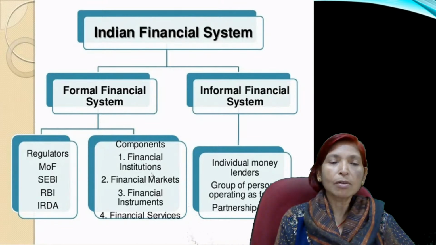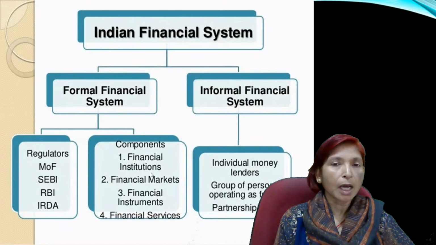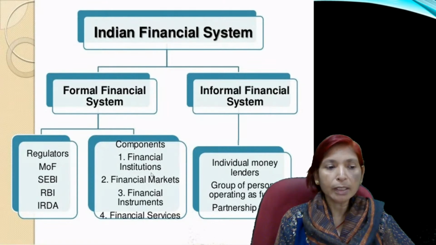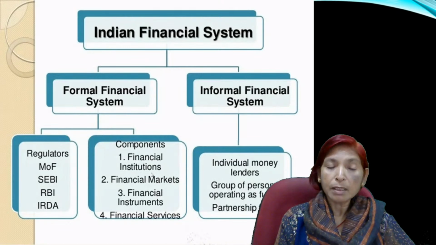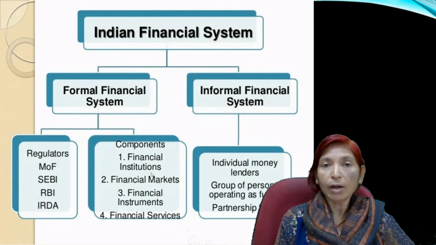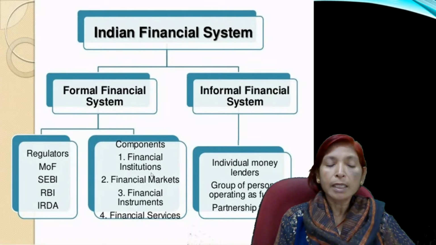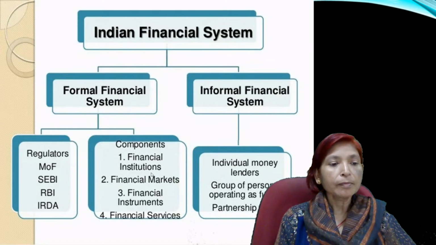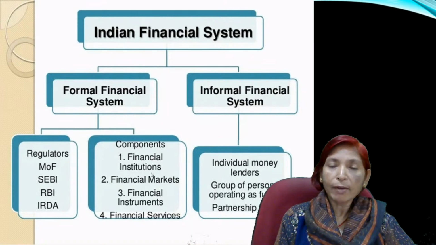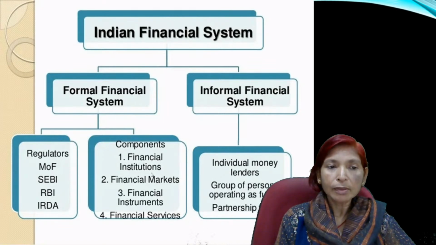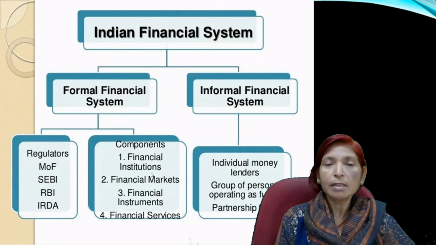Who are the regulators of the formal financial system? RBI is the regulator. RBI means Reserve Bank of India, which is the apex institution of monetary authority. And SEBI deals with securities, shares, bonds, etc. And IRDA, Insurance Regulatory and Development Authority, and MOF, Ministry of Finance. So all these are the regulators of the formal financial system.